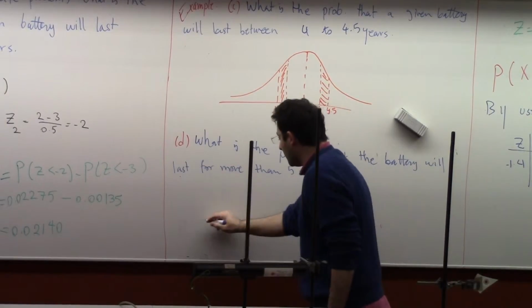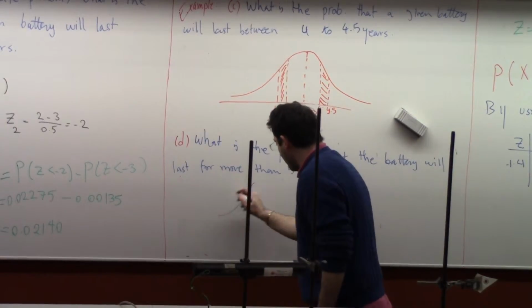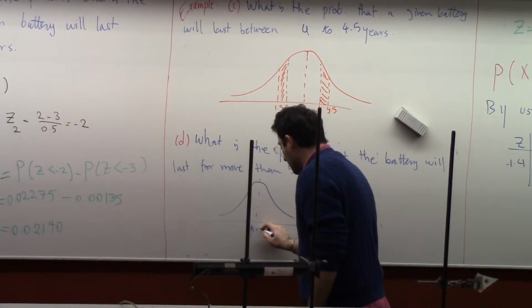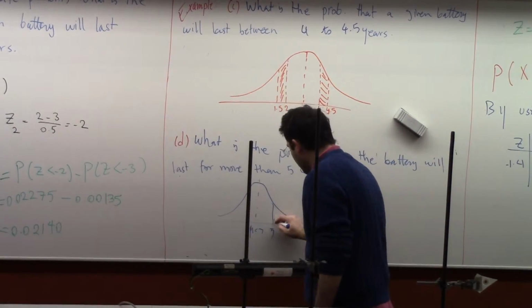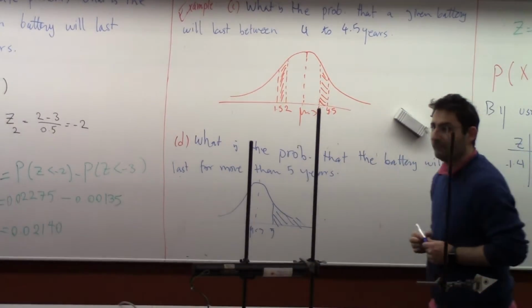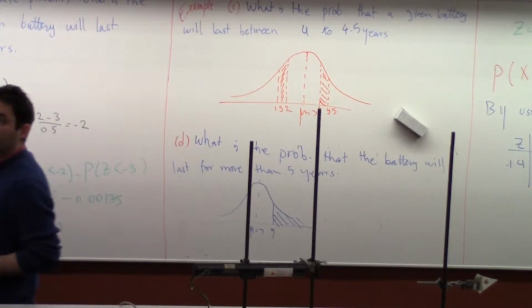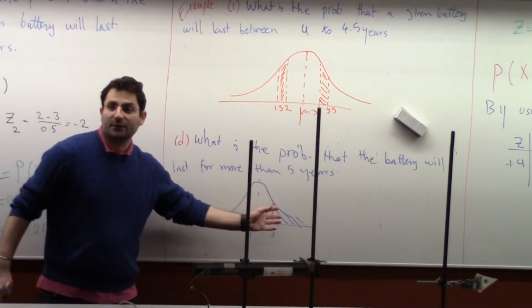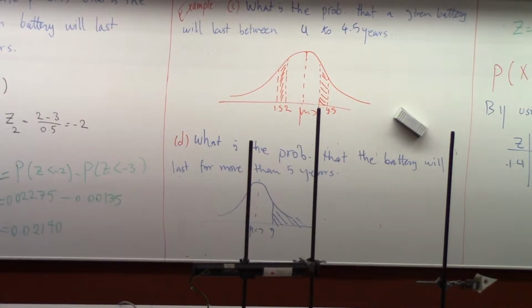So in here, what does it mean? It means that if this is the mu, which is 3, we want to see what is this probability, this shaded area, more than 5 years, which will be the probability, 1 minus the probability of it lasts for less than 5 years, which you have to calculate it.